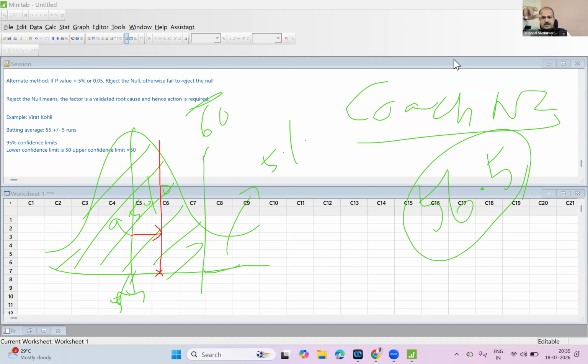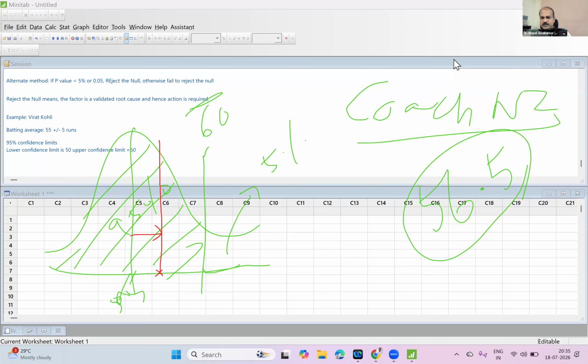If you look at his match scores, it's not 55 always. It varies depending on the variation, the margin of error. That value is the average. Average is just the central value.